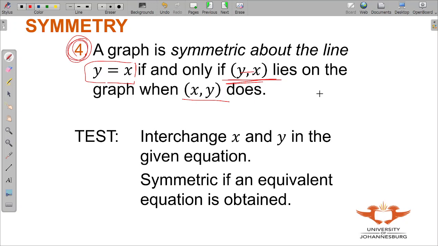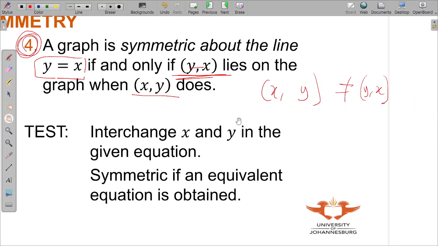Don't forget when we started the graph, we said this is an ordered pair, and (x, y) is not equal to (y, x). But when (x, y) lies on the graph and (y, x) does too, then that is symmetry about the line y equals x.